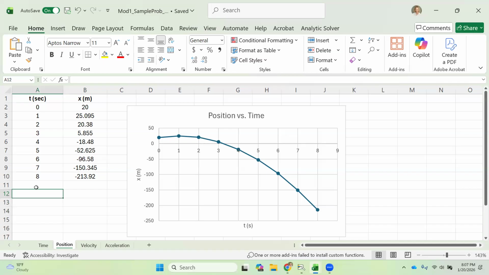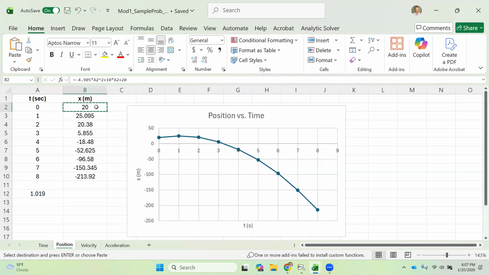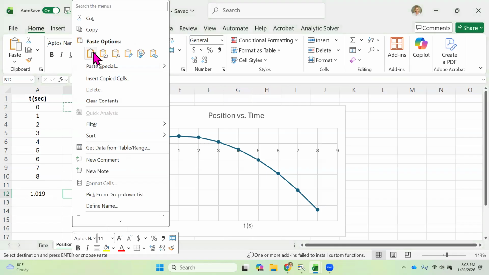I'm going to add a time of 1.019 seconds right here in the time column. Then I'm going to take the top one, right click, copy that cell, and paste it right next to my 1.019.